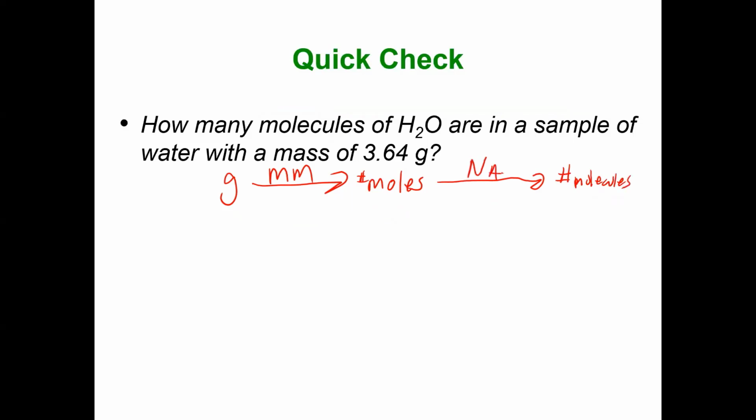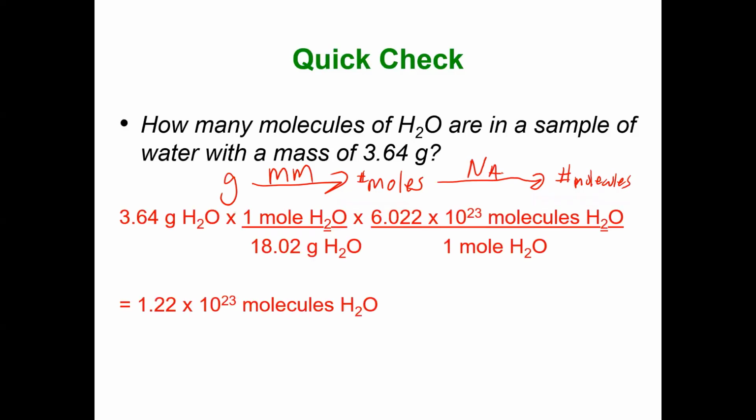Avogadro's number. In 1 mole of anything, there's 6.022 times 10 to the 23rd. So what did I do? I converted grams of water using its molar mass of 18.02 to moles. Those units cancel. And then in 1 mole of anything, there's 6.022 times 10 to the 23rd.